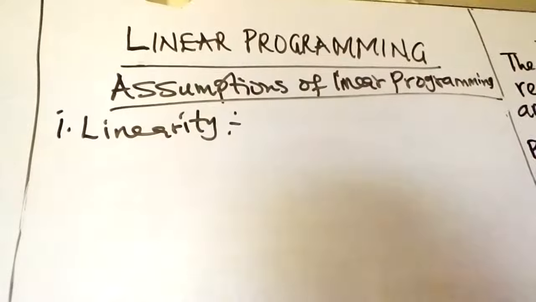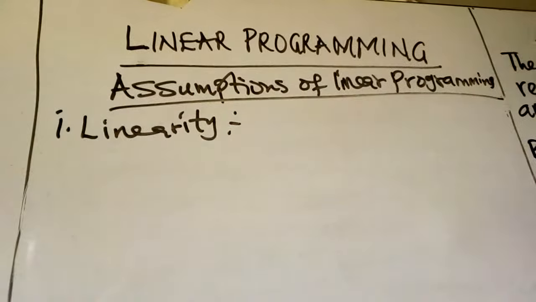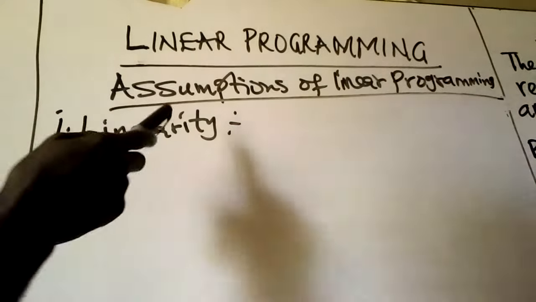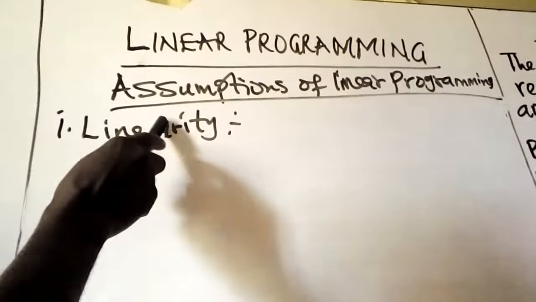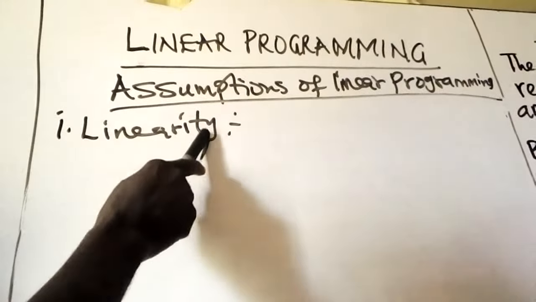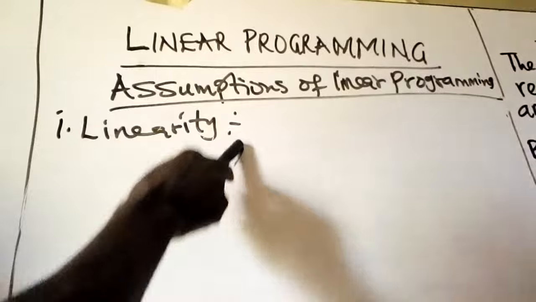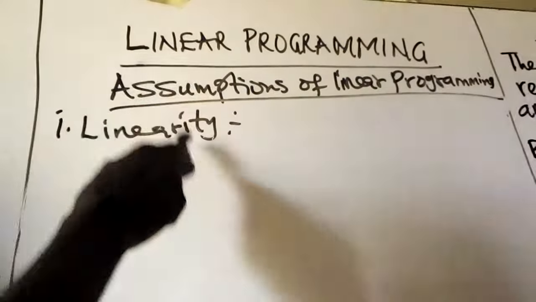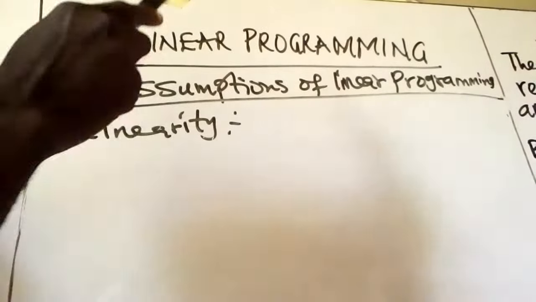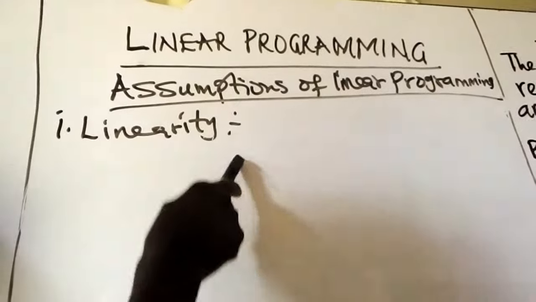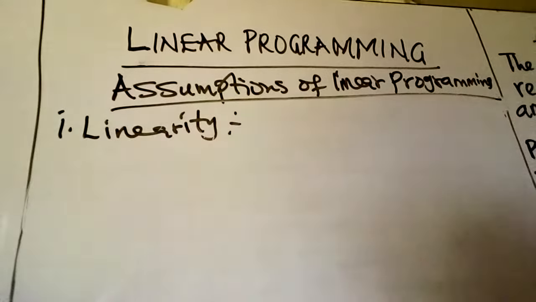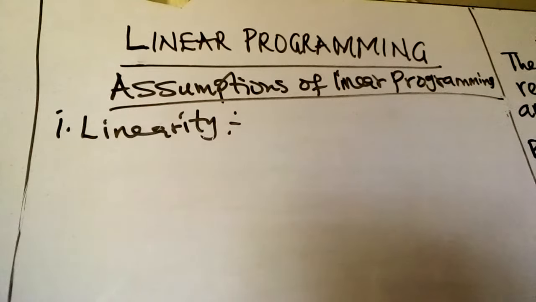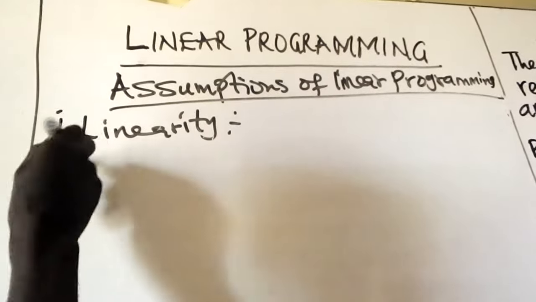A linear relationship must exist between the objective to achieve and the factors of production. That is linearity.